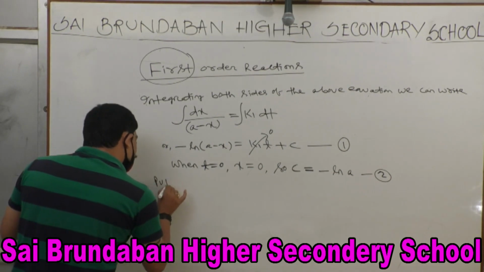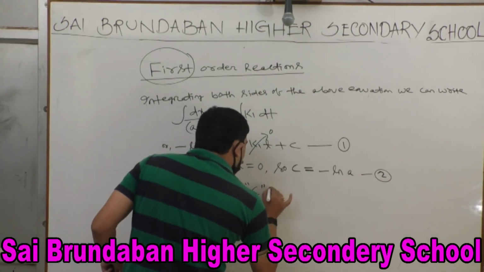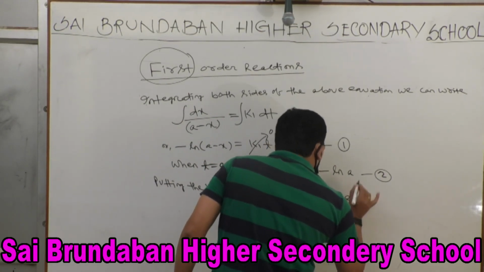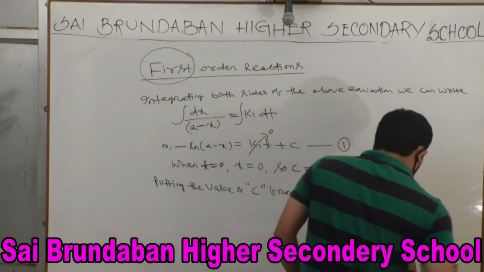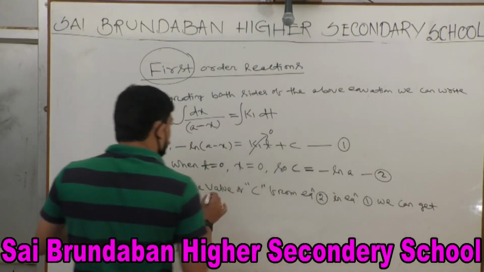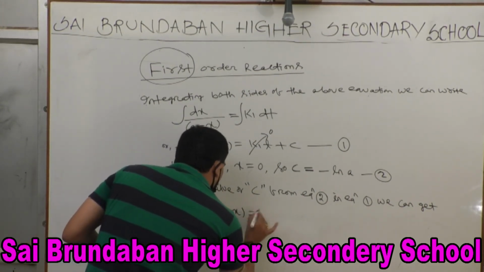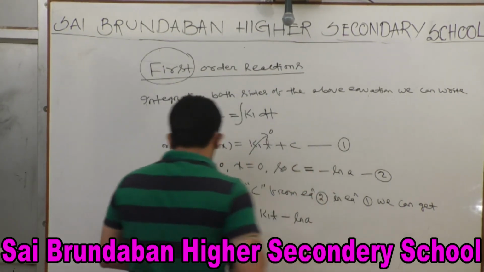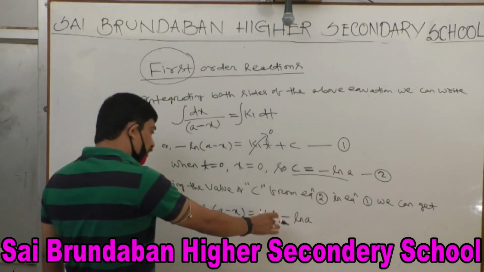Next, putting the value of C from equation 2 in equation 1, we get minus ln (A minus X) equal to K1 t minus ln A. In place of C we put minus ln A, and we put this in equation 1.